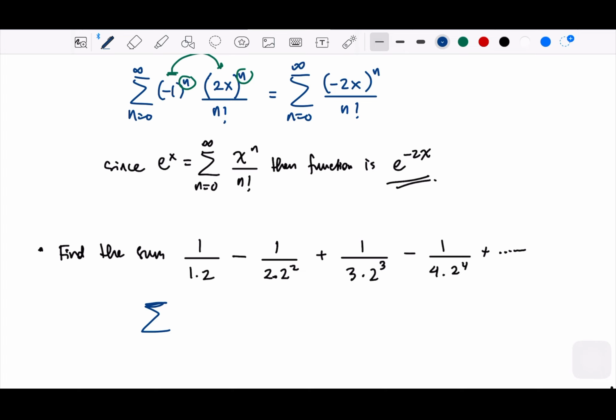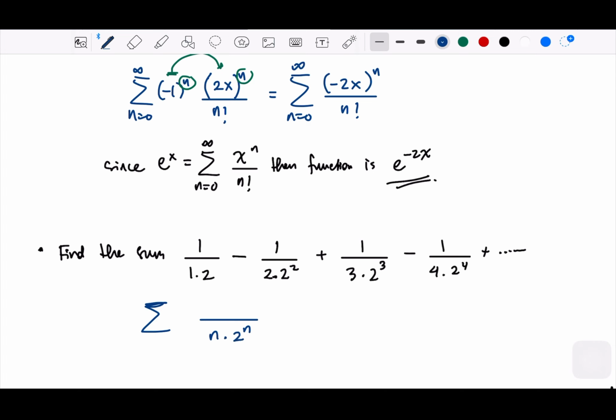First, it has alternating signs, right? It's an alternating series. Then the first terms are 1, 2, 3, 4, so the denominator is n. And then multiply with 2, then 2 squared, 2 cubed, 2 to the power 4, so it's becoming geometric. So we have n multiplied with 2 to the power of n.